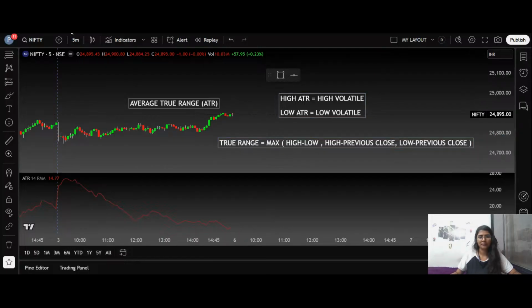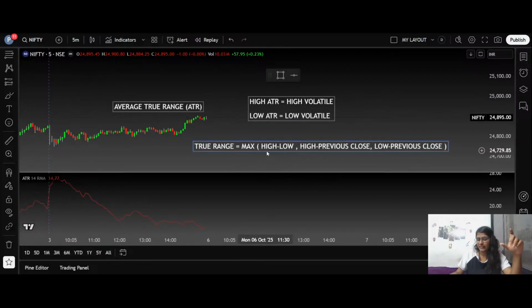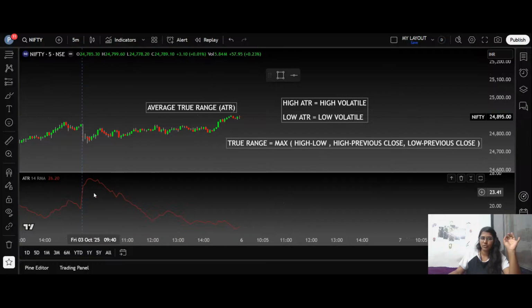Okay, it's fine. So this is the formula of true range, where we have to take the maximum of high minus low, high minus previous close, and low minus previous close. Among all these three ranges, we see which is the maximum, and that is taken as the true range.